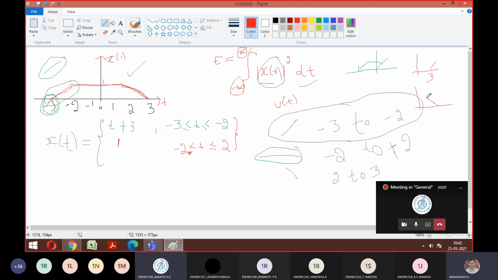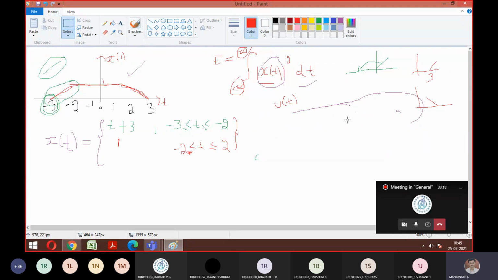Minus t minus 3, sir? Minus t minus 3, is it sure? Check once properly. Minus t plus 3, sir. Plus 3, correct? If you write minus t plus 3, it means a mirror image. It means 3 minus t.